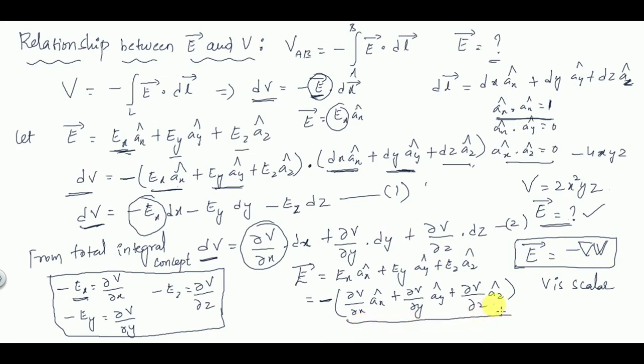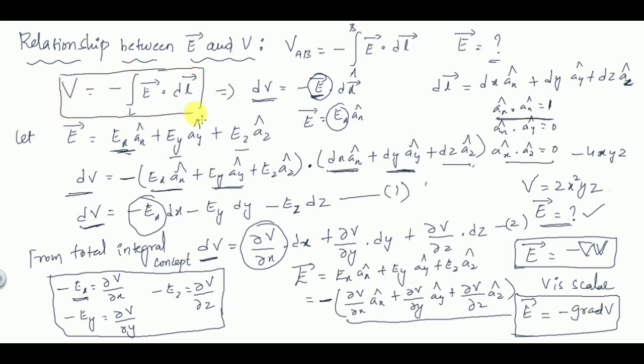So E bar is equal to minus gradient of V. This is the relationship between E bar and V. This is one relationship in integral form, and this is another relationship in differential form. Using these two forms we can find potential if you are given the electric field intensity, or find the electric field intensity if you are given the potential.